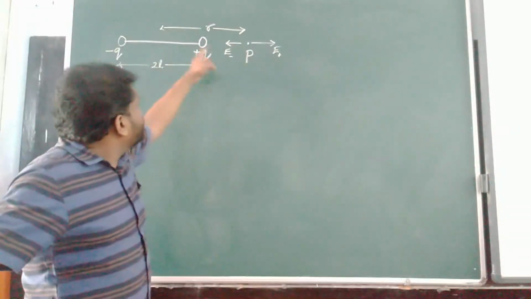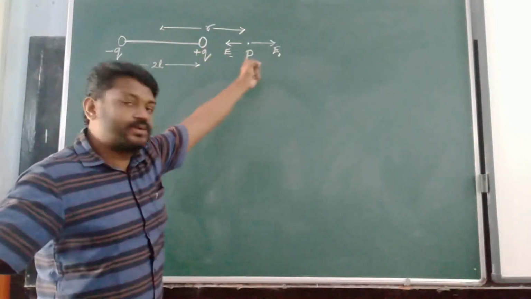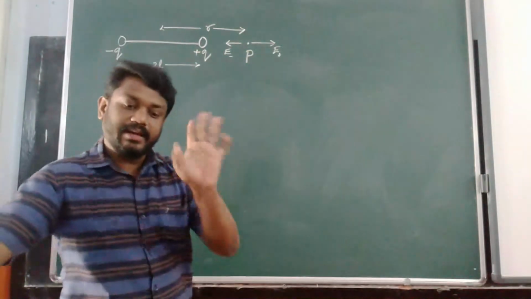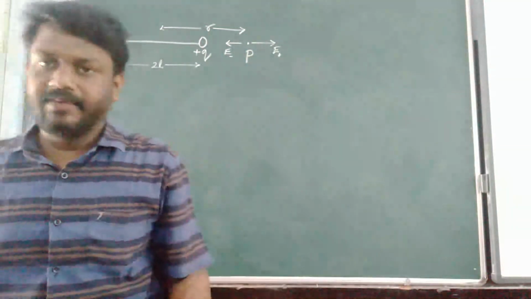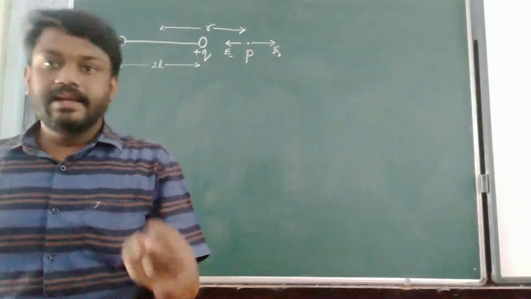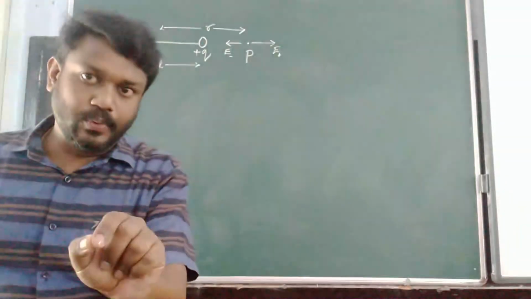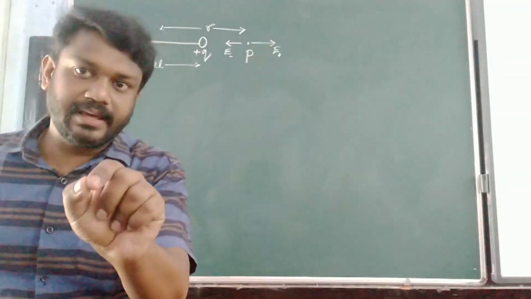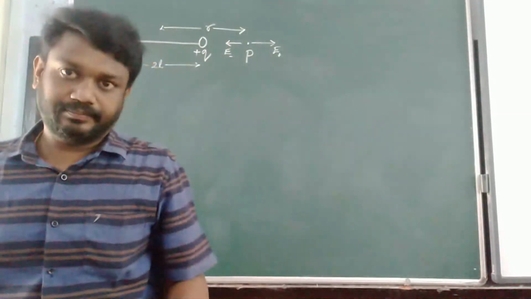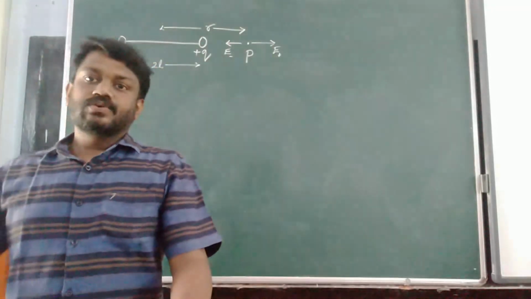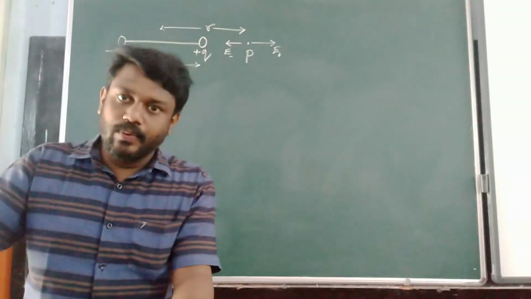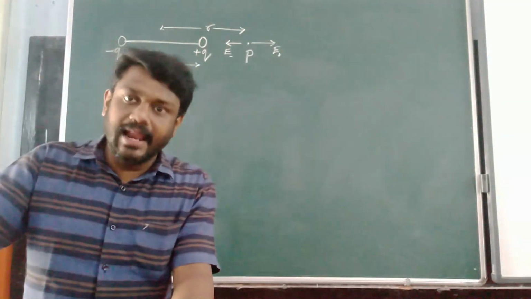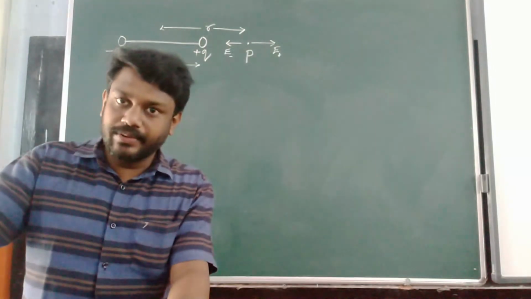That point lies along the axis of the dipole, so it is known as an axial point. So what is the electric field intensity due to a dipole along its axial line? That we are going to find out.